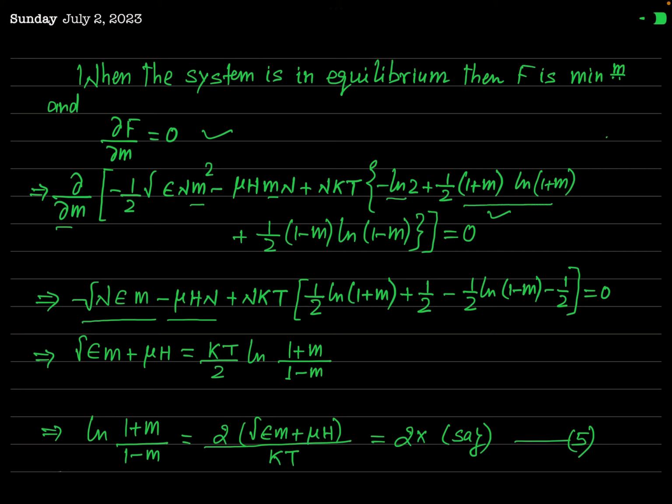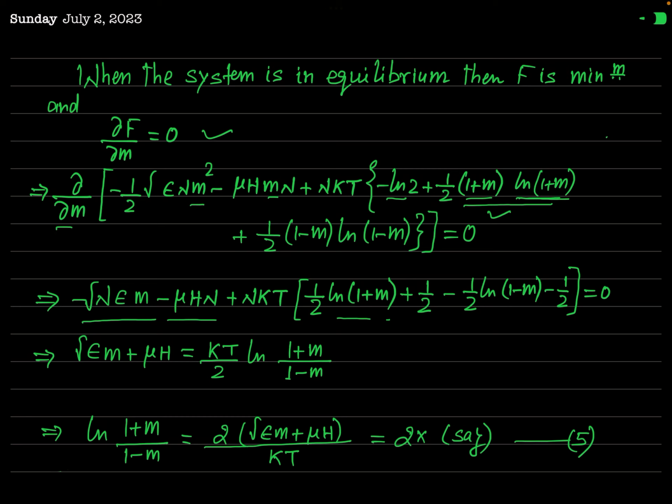In the last two terms you can see there is a product of two functions. So following the rules of differentiation of a product of two functions, you will get the following. We take this 1 by 2 times log 1 plus m, and differentiate 1 plus m. The derivative of 1 plus m with respect to m will be 1. So the first term is 1 by 2 log 1 plus m. Now we will differentiate this log 1 plus m.